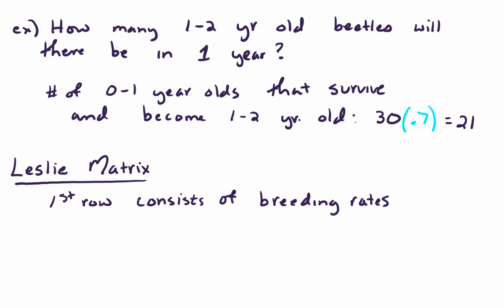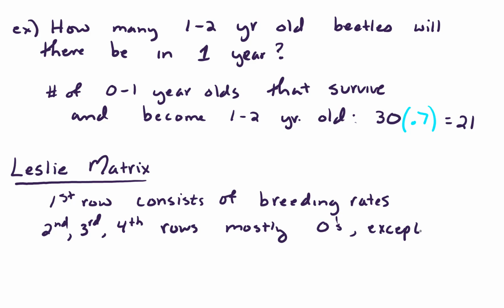Okay, and then the second, third, and fourth rows are mostly zeros, except for what we call a minor diagonal, which contains the survival rates.